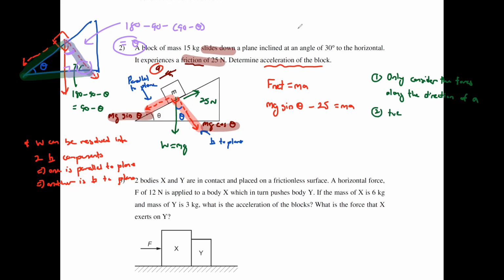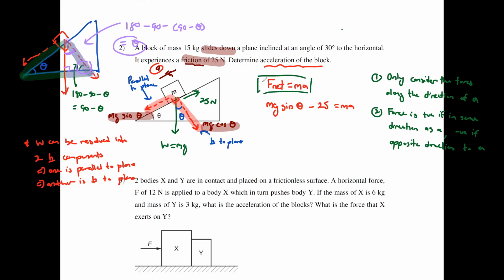A force is positive if in the same direction as a, negative if opposite direction to a.